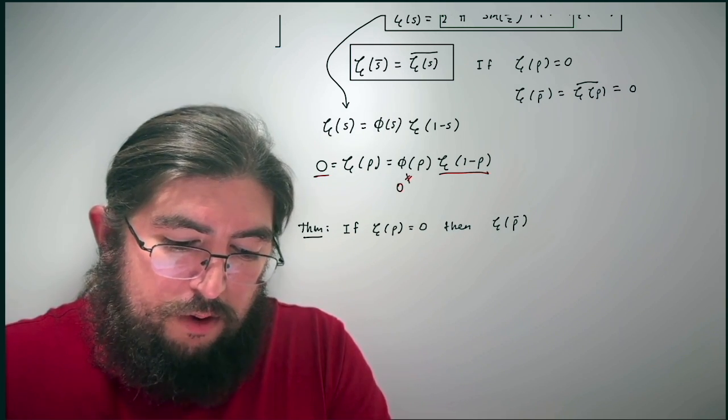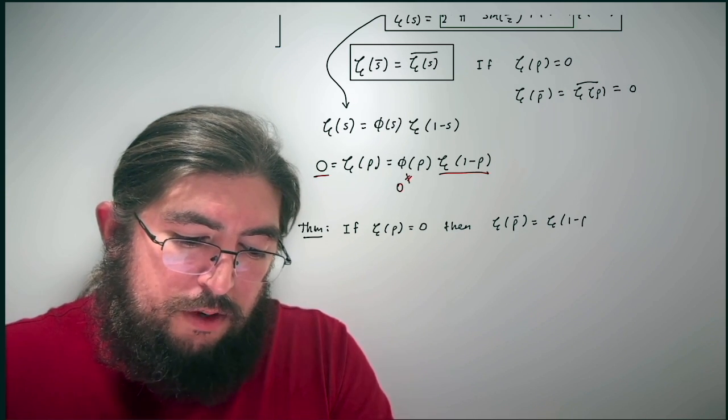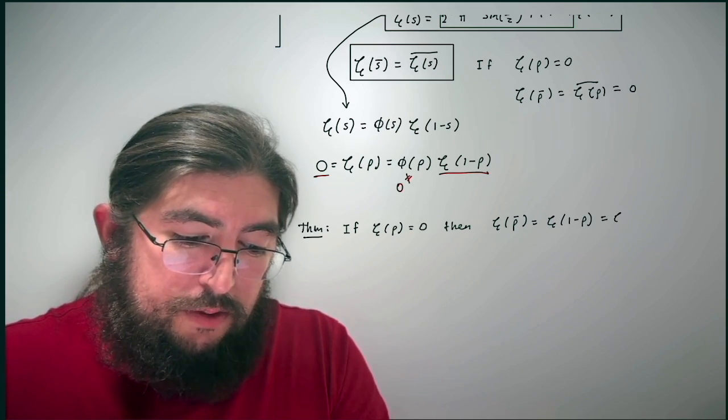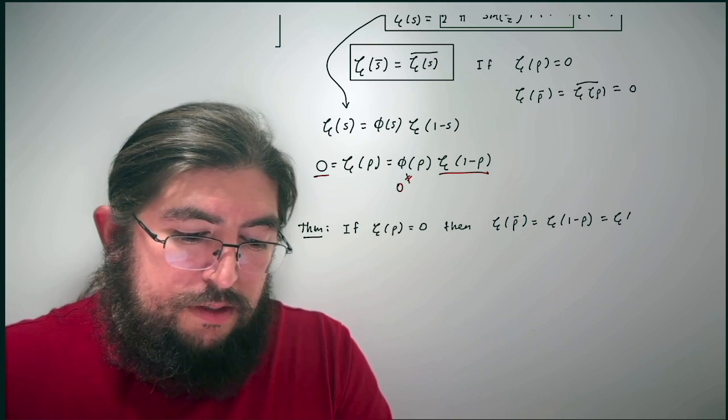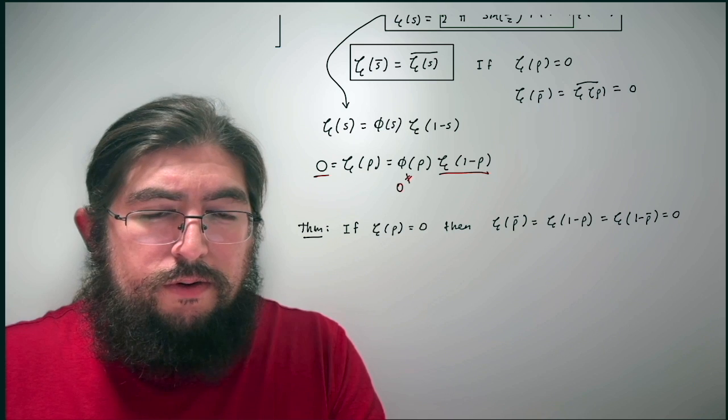We have zeta of the conjugate of rho, zeta of 1 minus rho, and the conjugate of that is also 0. The conjugate of 1 minus rho is 1 minus the conjugate of rho. So these three are also all 0.